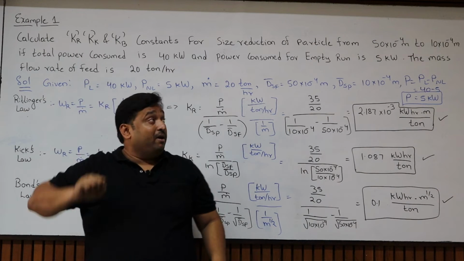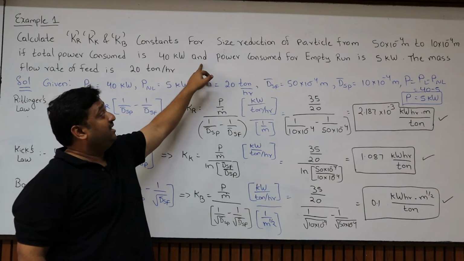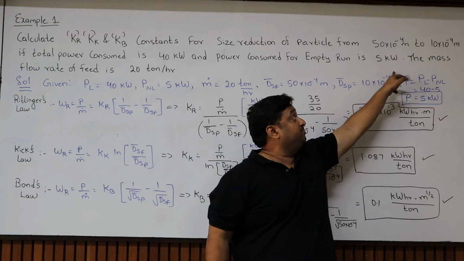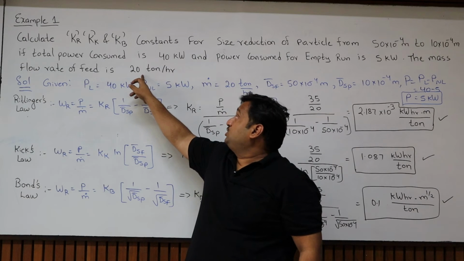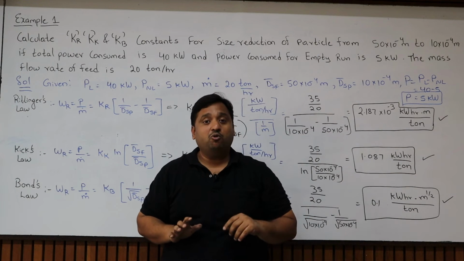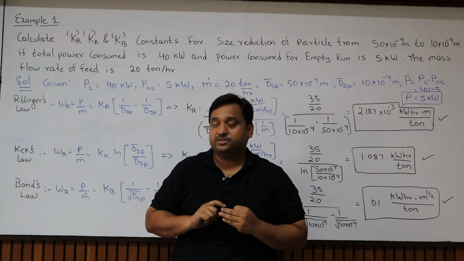The total power consumed is 40 kilowatts, the power consumed for empty run is 5 kilowatts, and the mass flow rate of the feed is 20 tons per hour. Given this, we have to find Kick's constant, Rittinger's constant and Bond's constant.